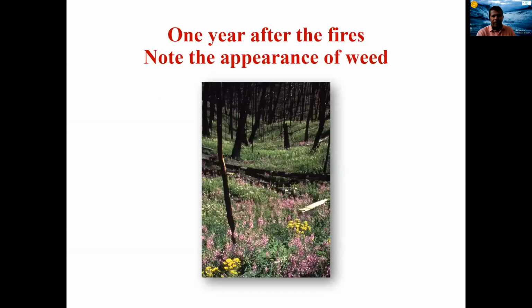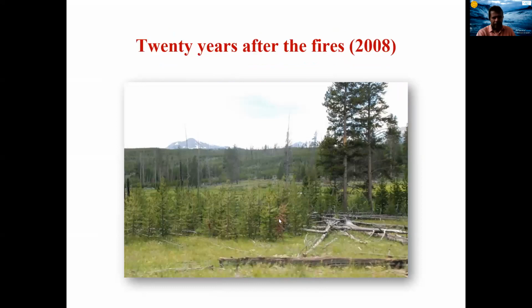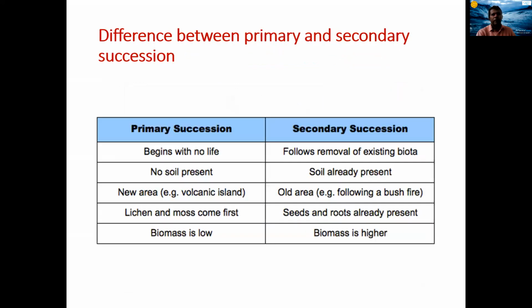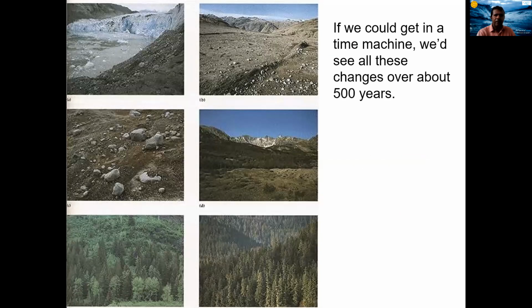And you see after just 1 year how it looked, with some weeds, and then again some plants that have resistant seeds appear first, right? This is how it looked after 10 years, and after 20 years, this is how Yellowstone National Park looks. All right, so that's how ecological succession happens over time.